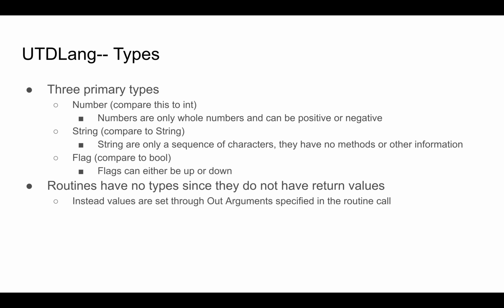And the flag can be compared to a Boolean value, where the true and false values are up and down. Also, routines or methods don't have any return types, as I just mentioned.